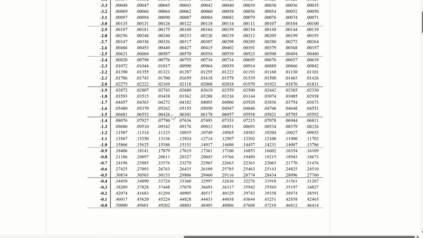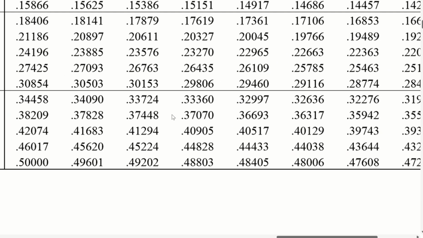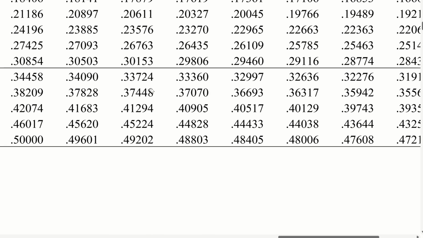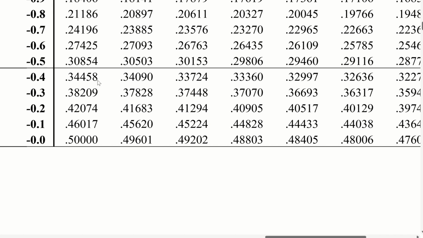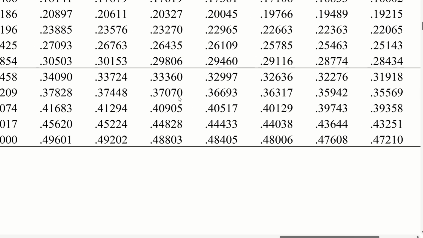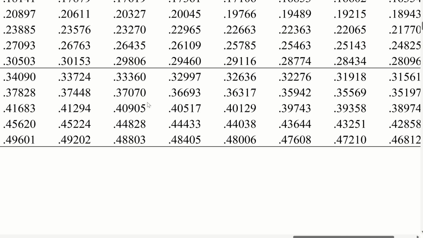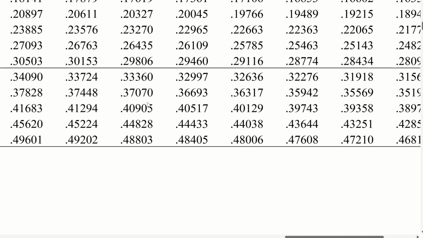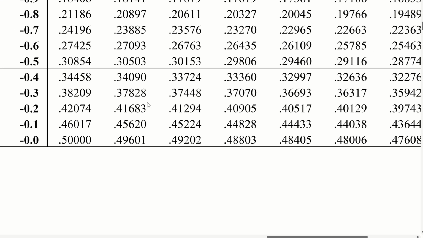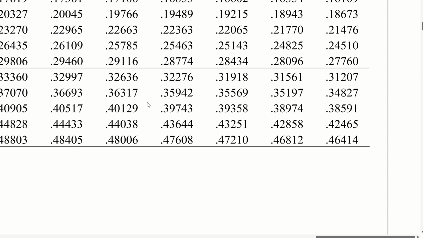So let's look that up. We want an area of 0.35, not a z-score. So these are the areas. That's 0.34458. That's pretty close. We want it even closer, if possible. I guess that one might be the best value. Oh, that's pretty close to 0.35.